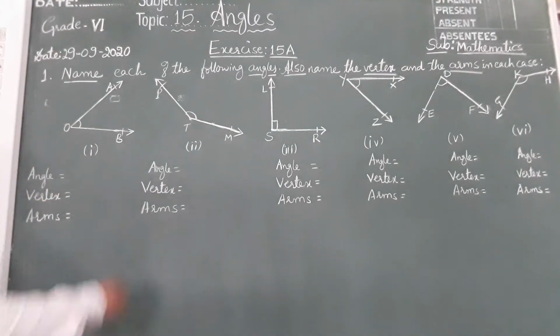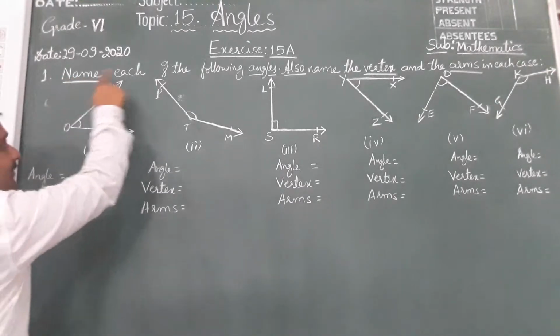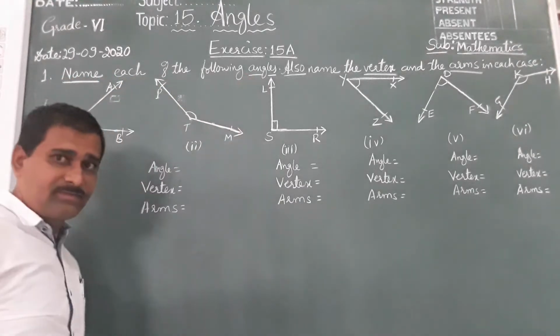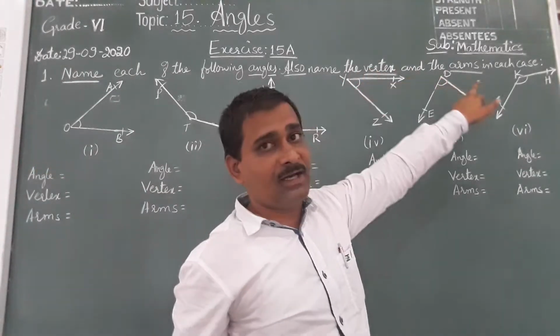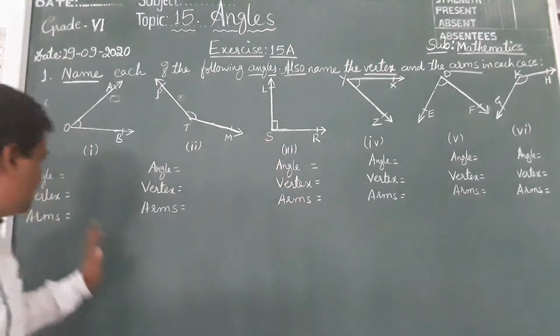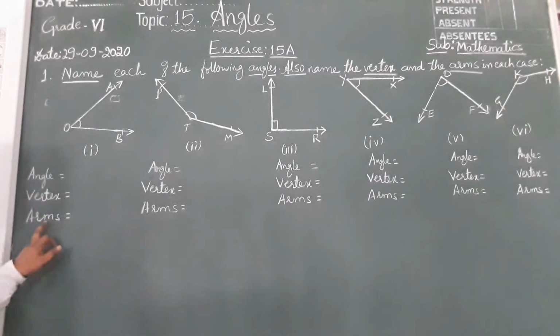First one, let us name. See, the question is what? Name angles and also name vertex and arms. Means 3 names we should write: angle, vertex and arms.